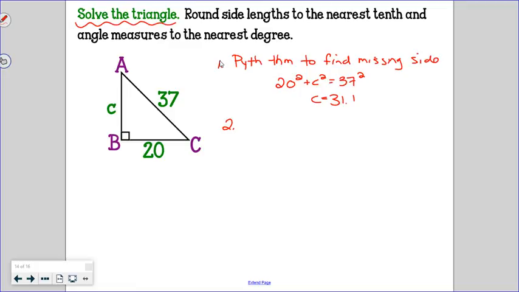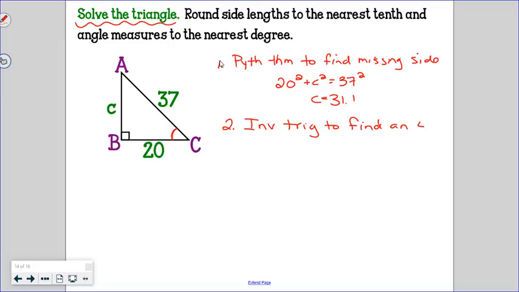Okay, 1 out of the 3 things we need. We need an angle. It doesn't matter. I need angle C, I need angle A. I don't care which, but we are going to use inverse trig to find an angle. Maybe we're finding angle C. I would use the 2 exact numbers they gave me. I would not use the 31.1 because that's rounded and can impact my next answer.